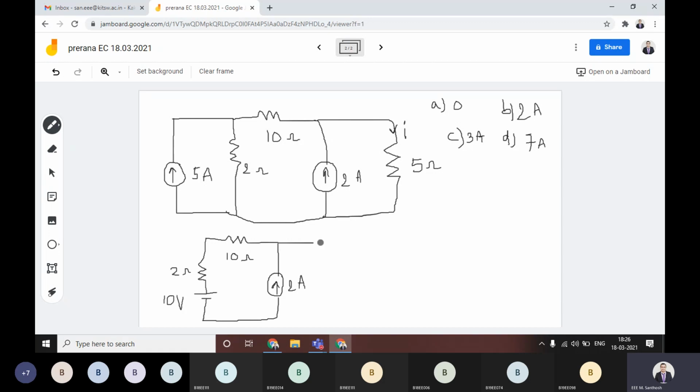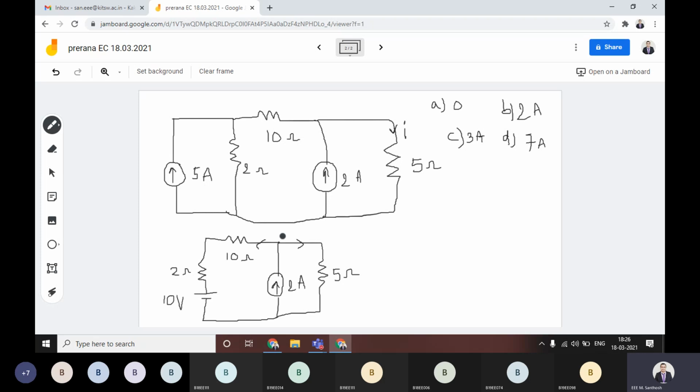Okay, we have a 5 ohm resistor. Then, for example, this current is leaving and this is also leaving.